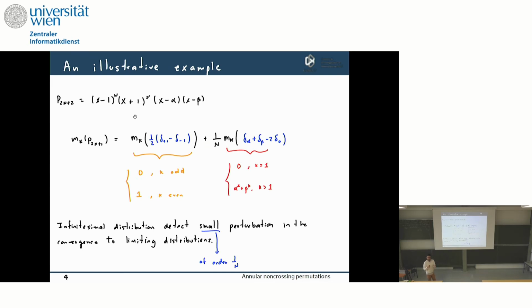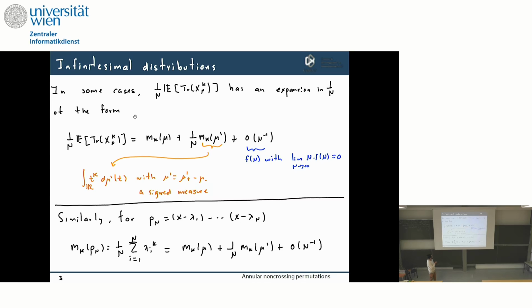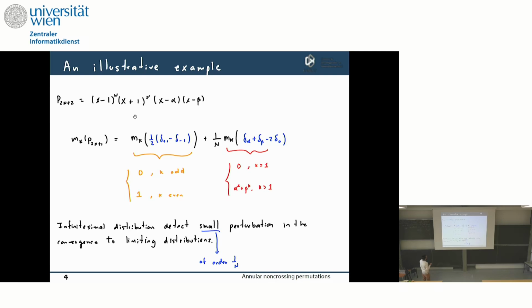Also, sometimes I don't usually take the exact dimension as n. Sometimes n just indexes the dimension, and the dimension goes to infinity. As a very easy example, when you have this limiting distribution and infinitesimal distribution, I think I didn't say that, but these are called the infinitesimal moments, and this mu prime is called the infinitesimal distribution. As a toy example, but illustrative, just take (x minus 1) to the power n and (x plus 2) to the power n.